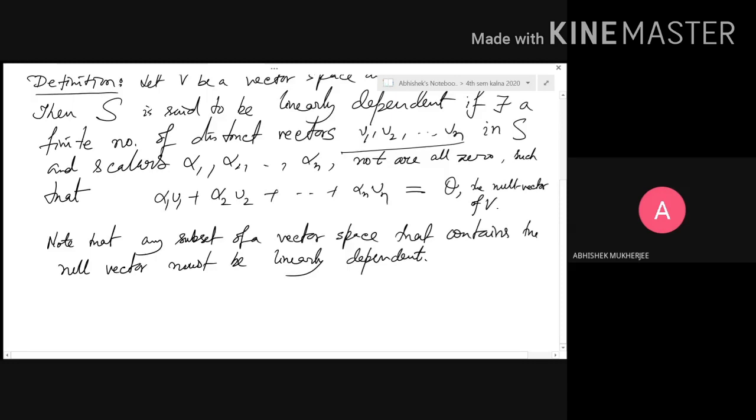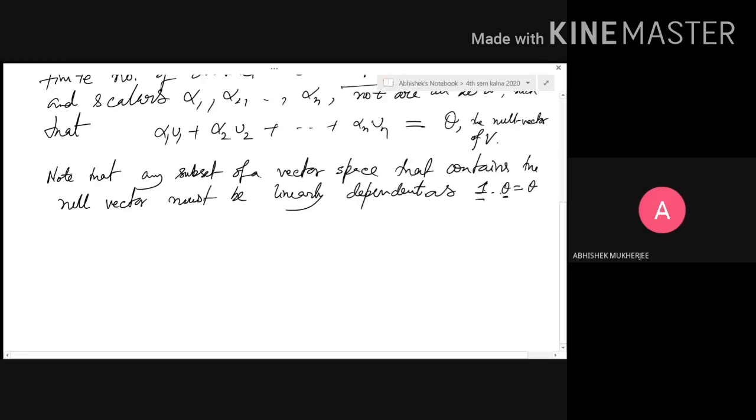Why is this true? Because you can always have this theta, the null vector, and since in the field F you have the unity, one dot theta equals theta. So this is the vector and this is the scalar. One dot theta is going to be theta. For this reason, you can always say that any subset that includes the null vector will be linearly dependent.